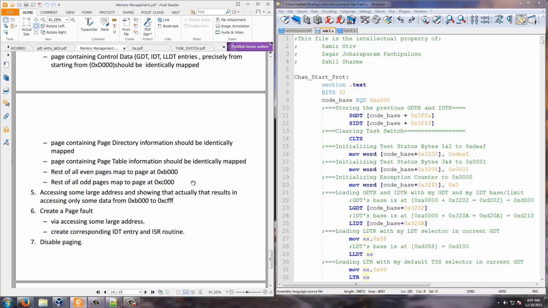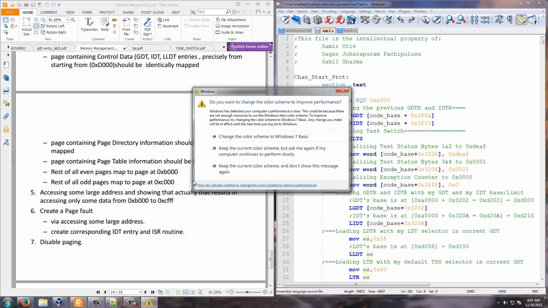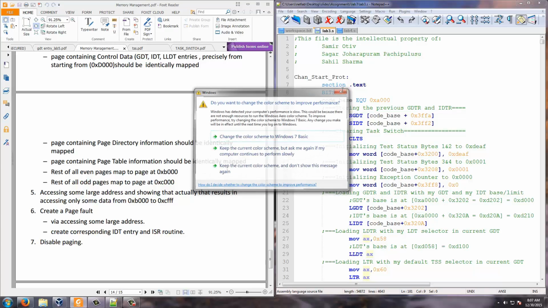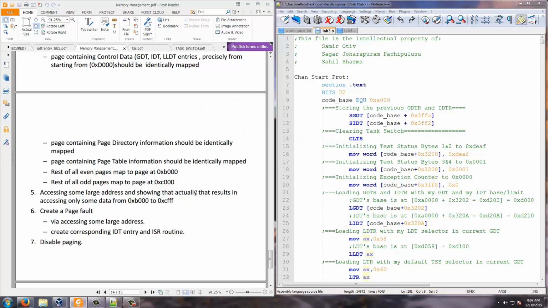So the entire setup is, I have one page directory, and all the entries in the page directory will point to the same page table. What is that page table? It is the one at 0xF1000 to 0xFFFF.